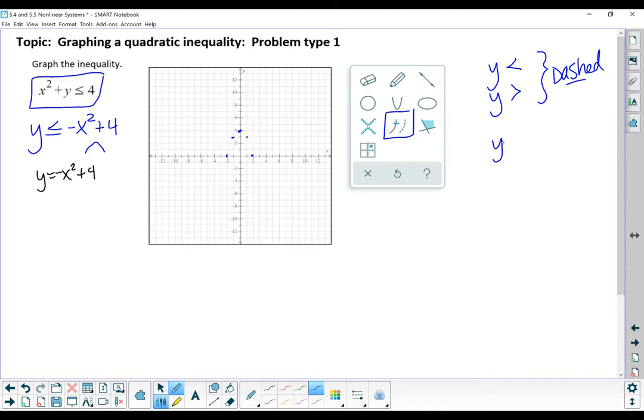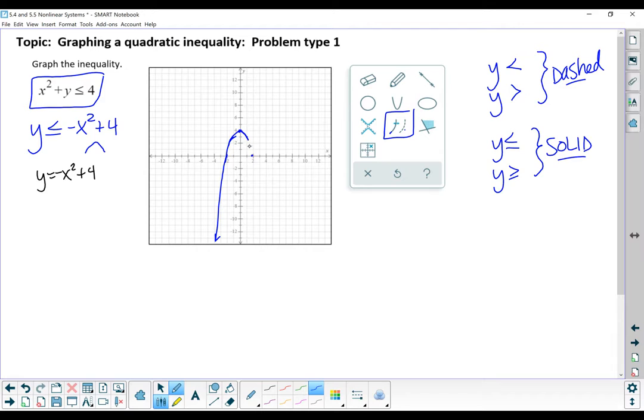And if you see less than or equal to or greater than or equal to, that's going to be a solid boundary. ALEKS just has a button that you can click on to switch between dotted and solid. So our parabola is just a solid boundary.